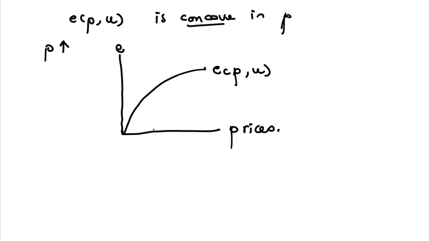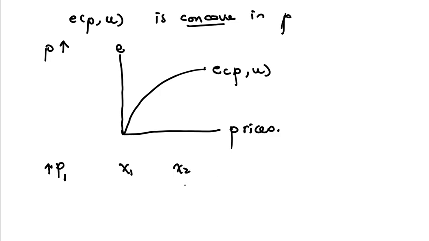If the price P1 increases for good one, or X1, then the consumer will simply substitute X1 with a less expensive commodity, call it X2, and we have a substitution effect here.